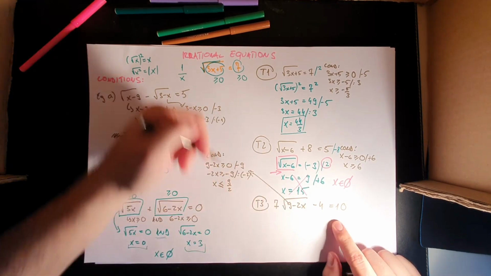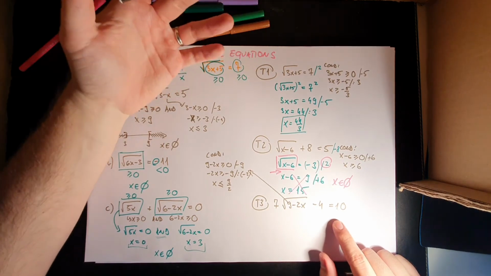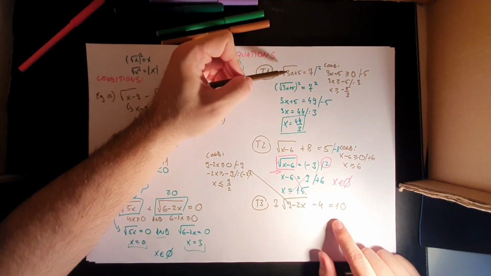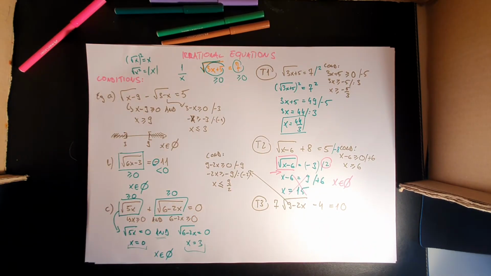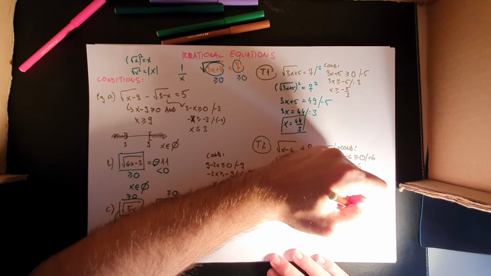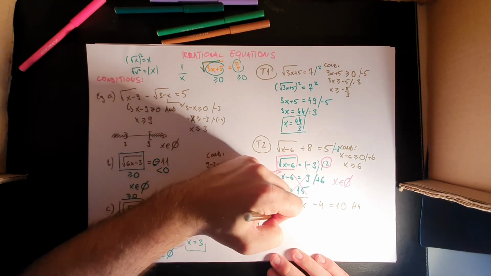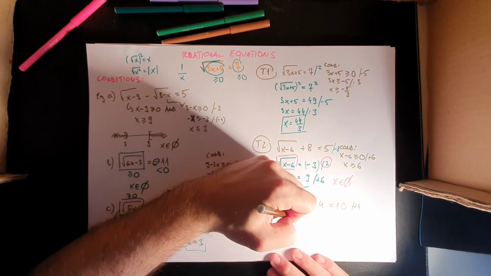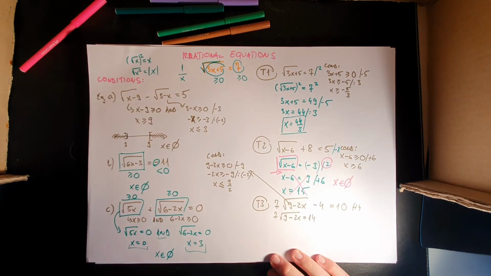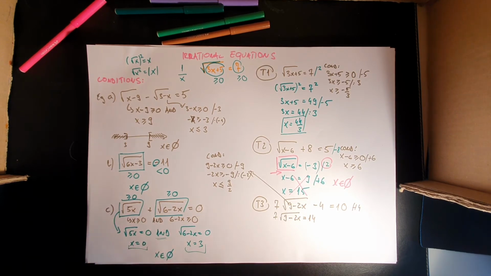If I want to solve this, I want to get, if I can, the situation where I separate the root on one side from everything else on the other side. So the first step would be to add 4 to both sides. 7 times square root of 9 minus 2x is equal to 14. I would encourage you to divide by 7, but if you don't, it's okay.